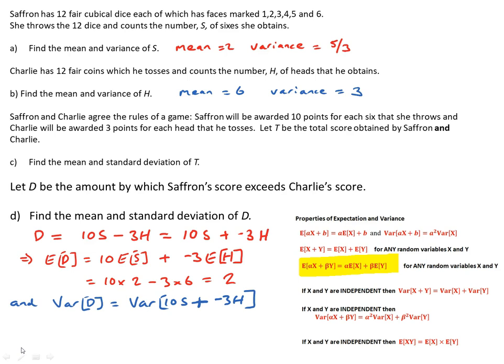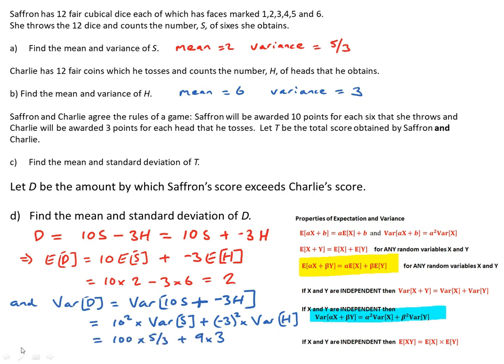Again, we know that S and H are independent, so we can say that that is going to be 10 squared times the variance of S plus minus 3 squared times the variance of H. So that's 100 times the variance of S plus 9 times the variance of H, which gives us 193.67 as the variance of D. So the standard deviation of D is the square root of the variance, which is 13.92.